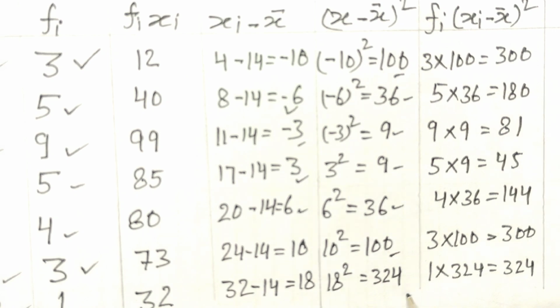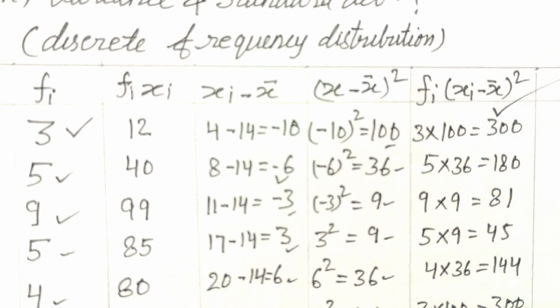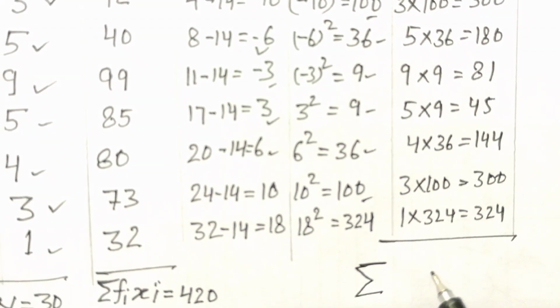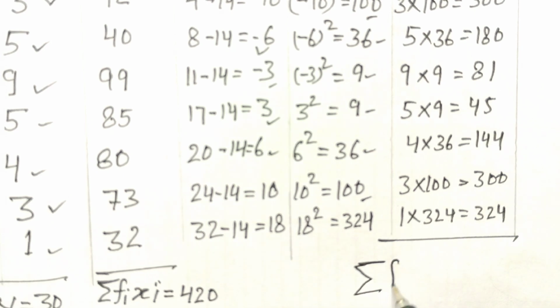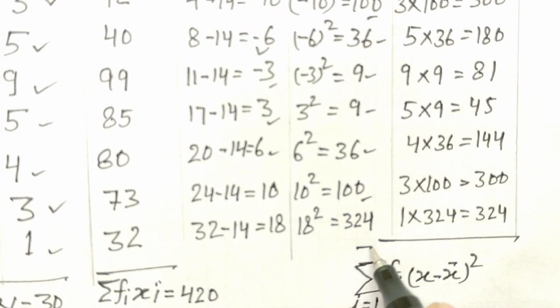Now the summation of this, fi into xi minus x bar square, i is equal to 1 to 7.